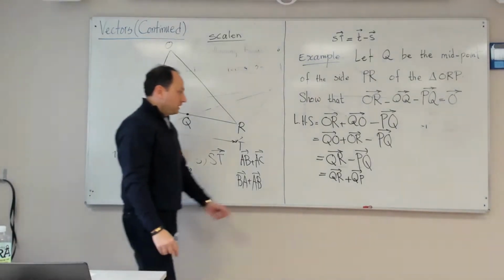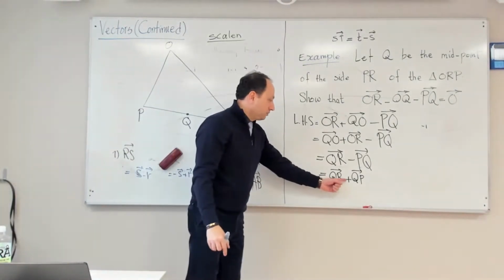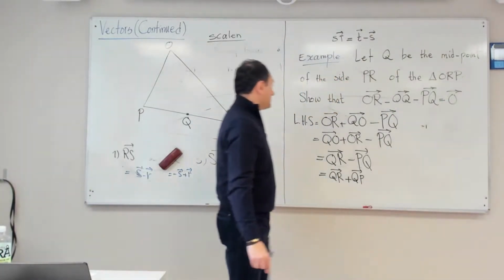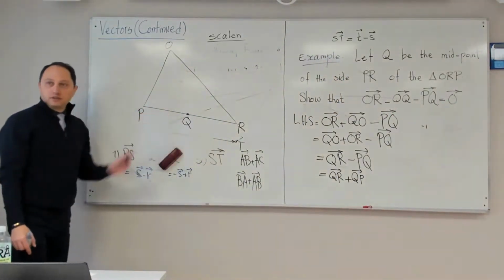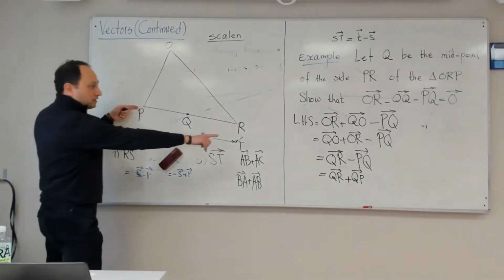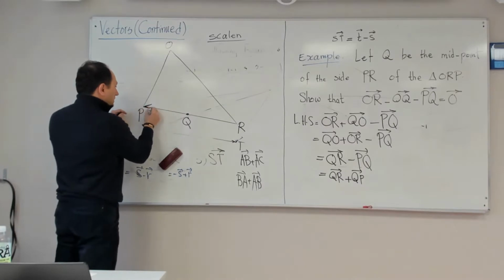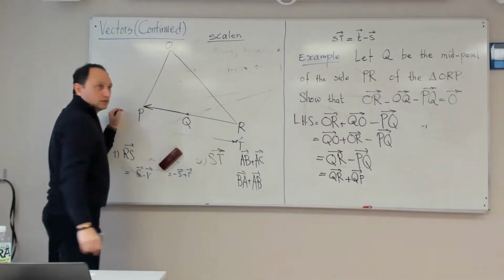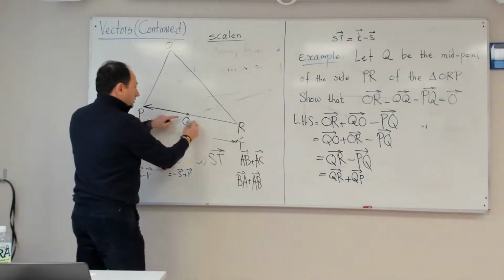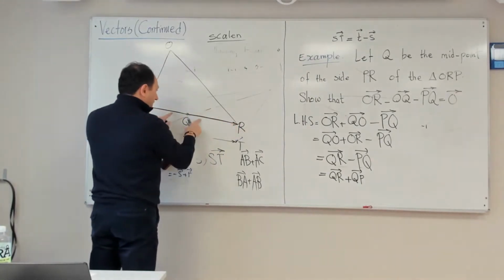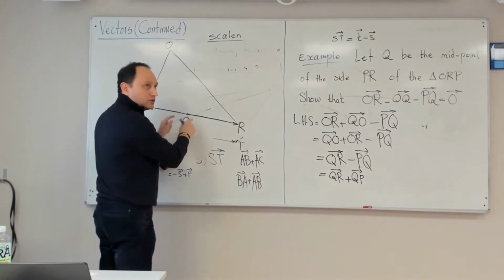My problem is to show that this vector plus this vector is equal to the right-hand side, which is 0. But is that trivial now? The vector QP is from here to here. This is vector QP. And this is vector QR. There is no way I can understand the sum is 0 unless I draw the picture.